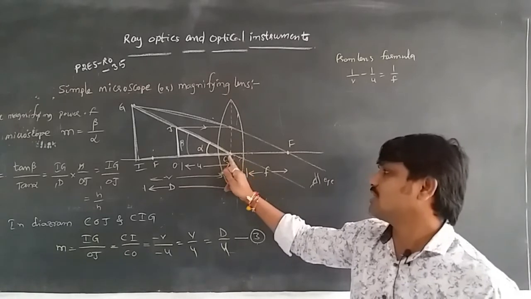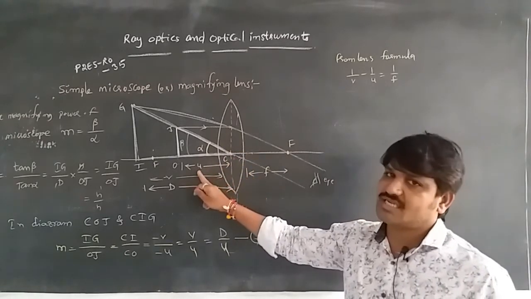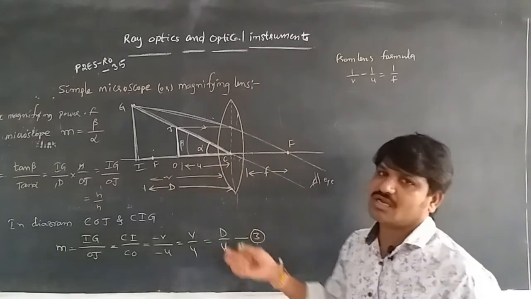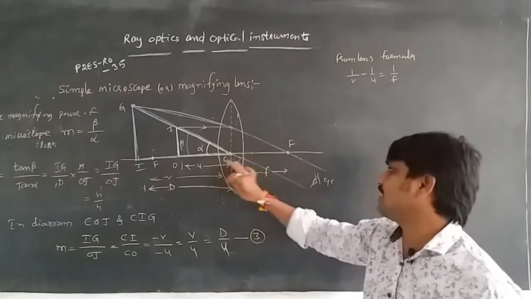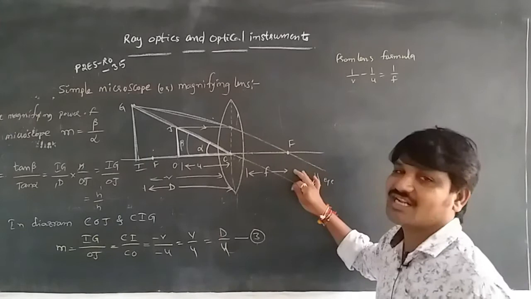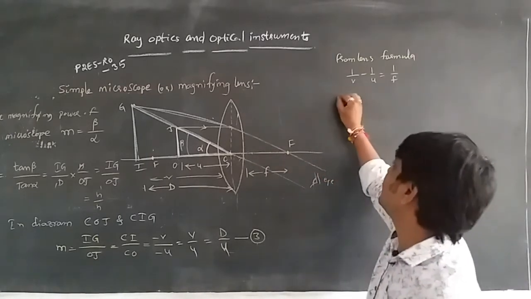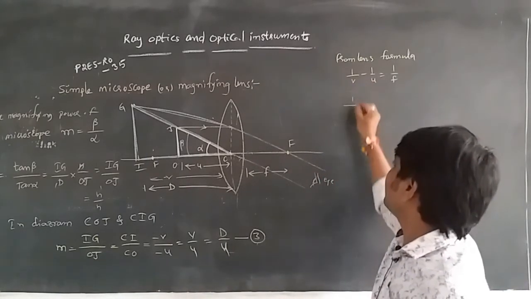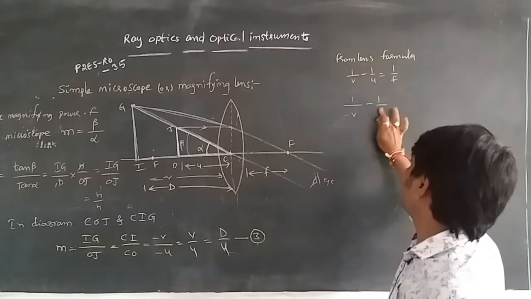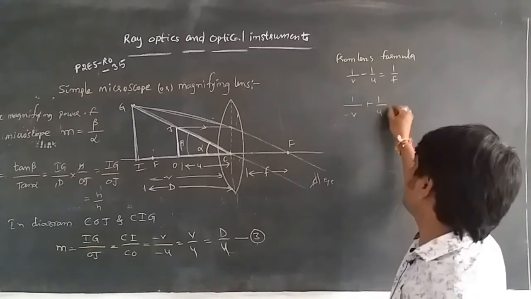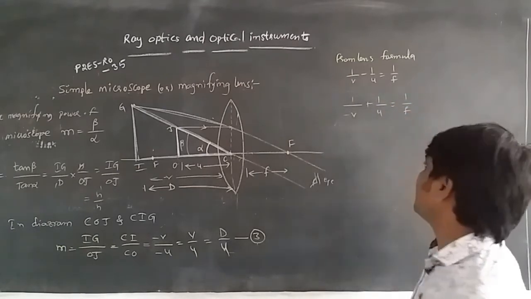The distance of the object and the distance of the image are both in the direction opposite to the incident ray, and the focal length is in the direction of the incident ray. So 1 by V becomes 1 by minus V, minus 1 by U becomes minus 1 by minus U, so minus into minus plus, and it is equal to 1 by F.